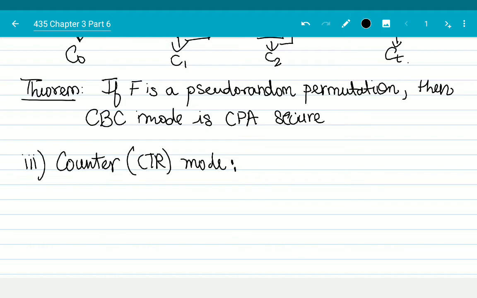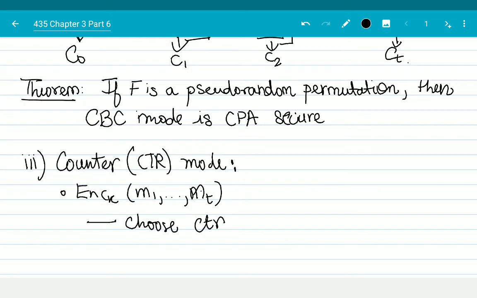Okay, the counter mode. How does this work? Well, again, you want to encrypt, say, M1 to MT, where T is again arbitrary. The first thing you do is choose the initialization vector, again, and call it CTR, as your counter, and you set C0 equal to CTR.